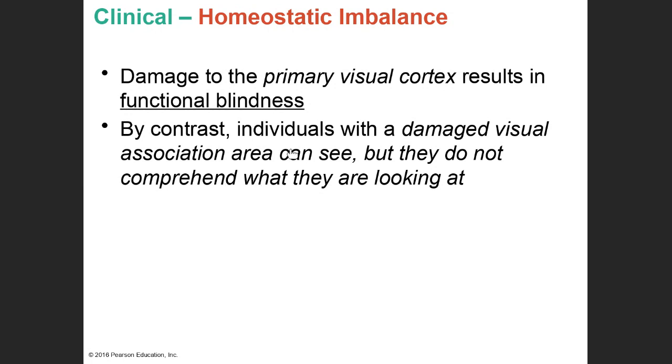You're not able to integrate any information from your past or anything else about what it is you're seeing. So you can see just fine, but you don't get it. This just demonstrates the difference between a primary area of the cortex and an association area.